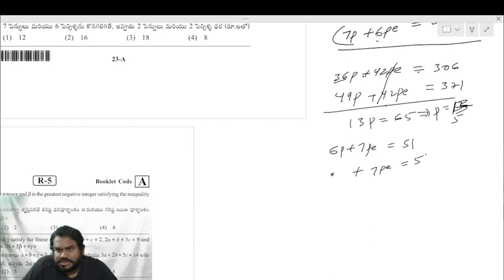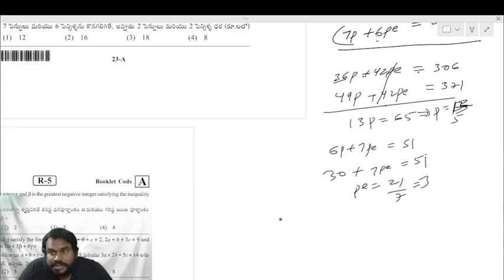So 5 into 6 is 30. So 7 pencils is equal to 51 minus 30, which is 21. 21 by 7 is equal to 3. So pencils you got 3 and pens you got 5. So buying 2 pens will cost 10 rupees.